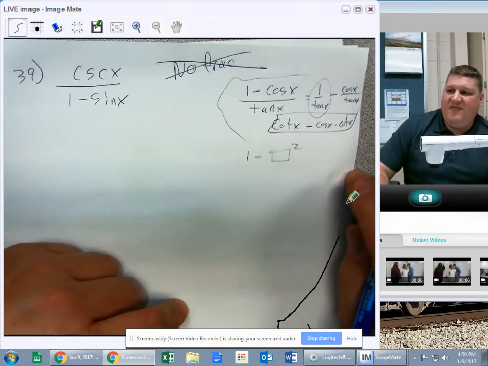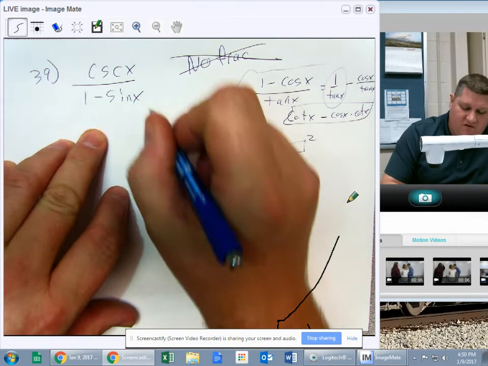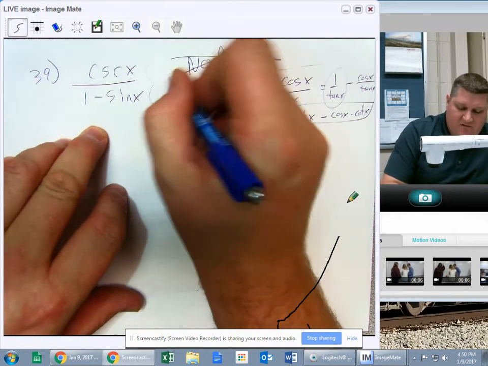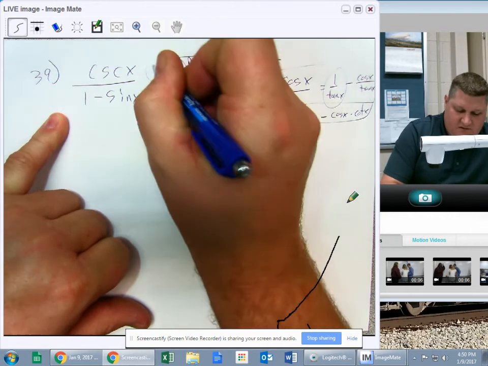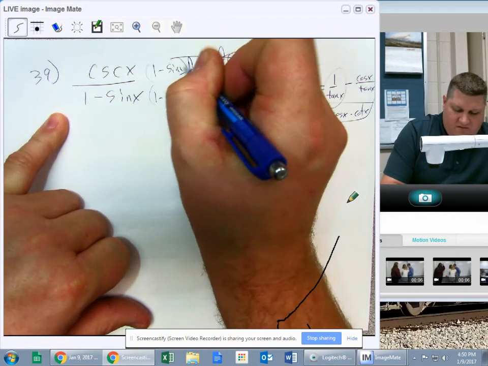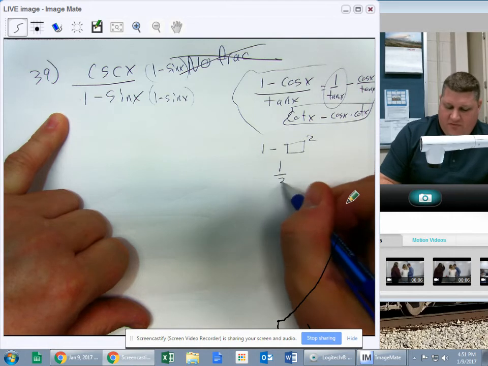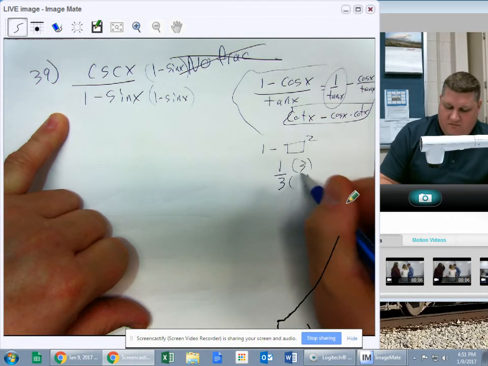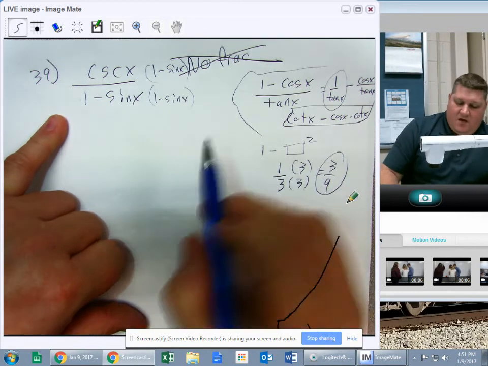And if I could get that, that would help me out a bunch. So how do I turn this into 1 minus something squared? Well, if I said 1 minus sine x in both cases, that's okay. That's like finding common denominators. That's like saying 1/3 and saying 3 over 9. It's the exact same thing.